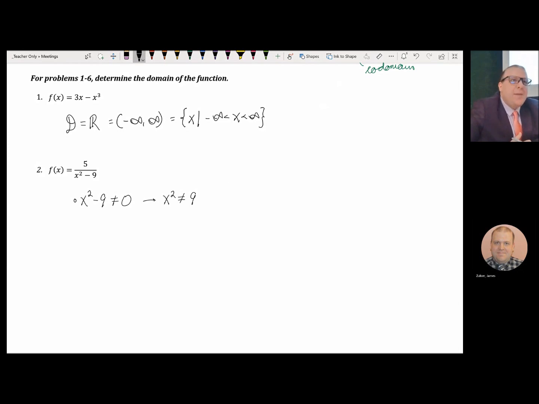That would mean x squared cannot be 9, so the absolute value of x can't be 3. Which of course means x cannot be negative 3 and x cannot be positive 3.